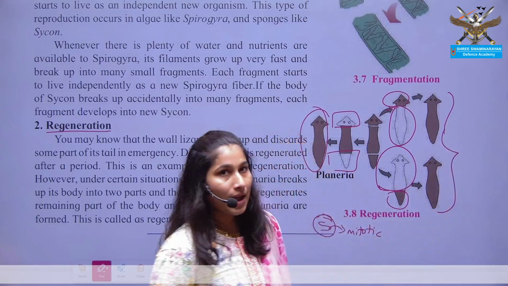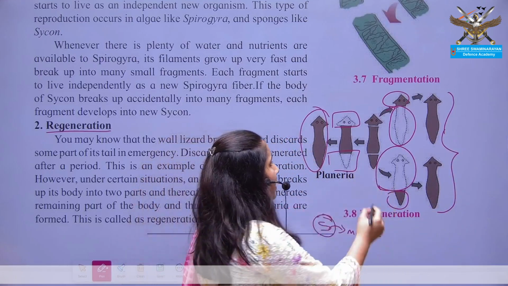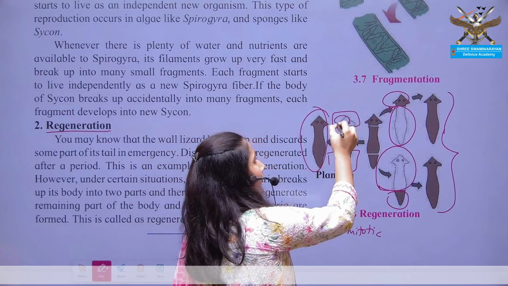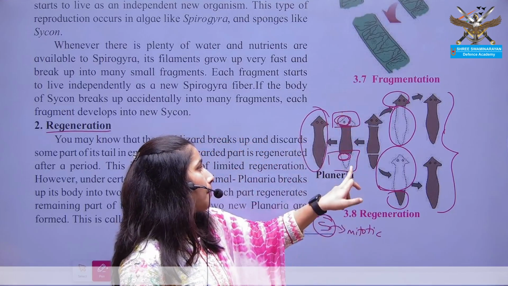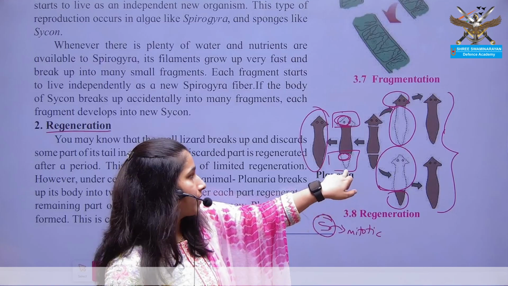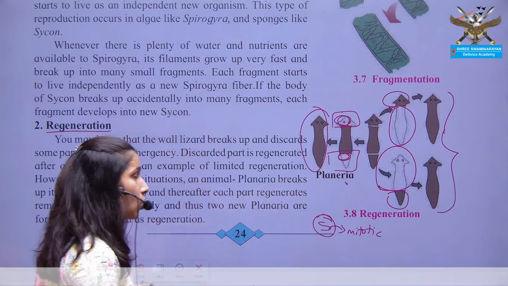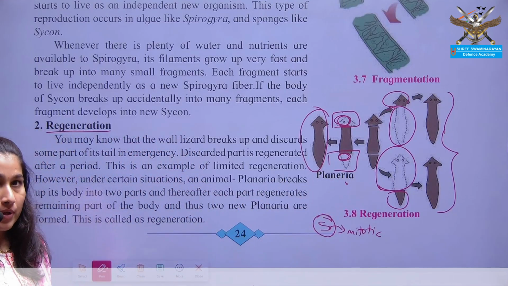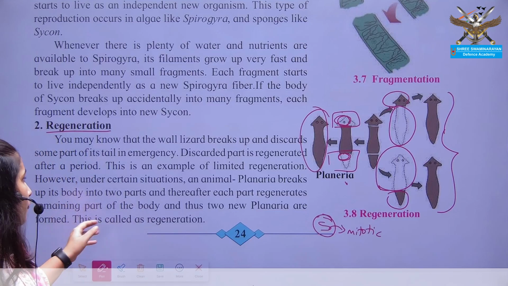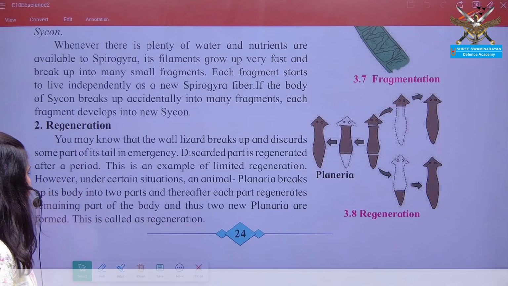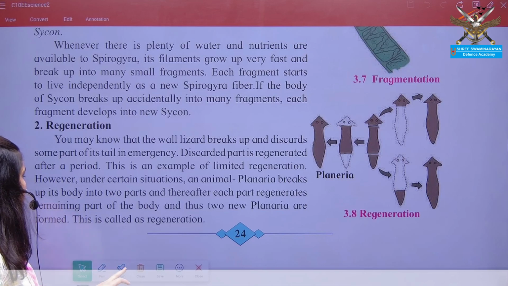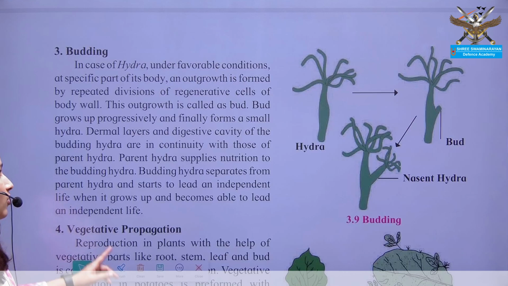Why? Because the cells present in this region have the potential to regenerate all the cells at the upper and lower extremities, and because of this a new organism is formed, performing its own function. This is called regeneration.